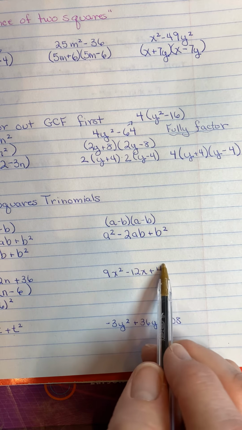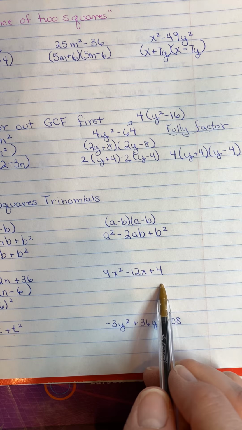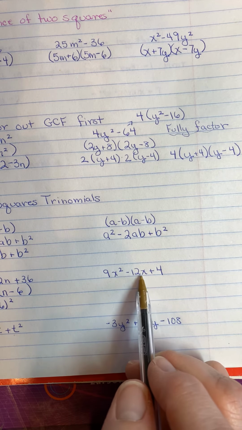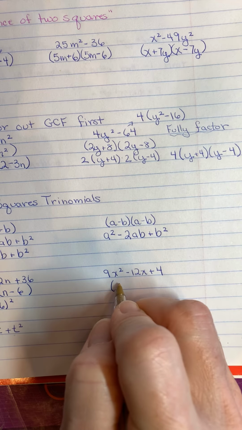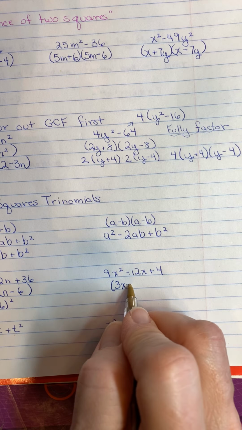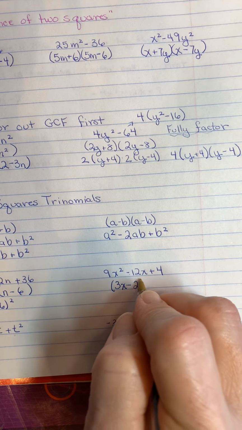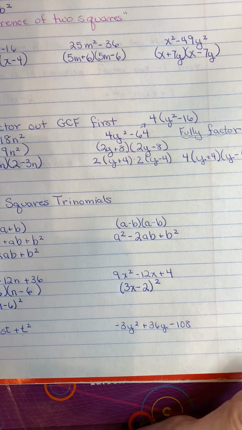The square root of 4 is 2. 3x times 2 is 6x. Double it, and you would get 12. So this is going to factor into 3x. It's going to be a minus square root of that, 2.